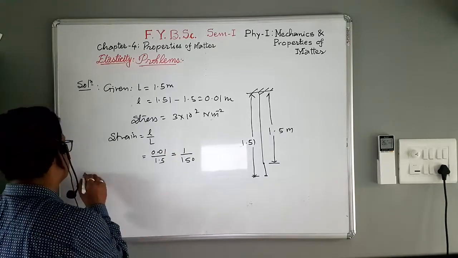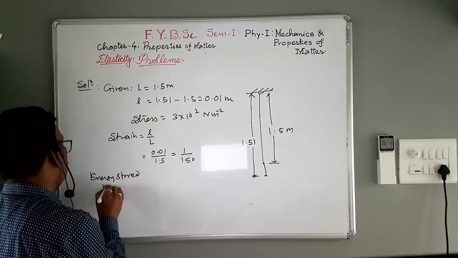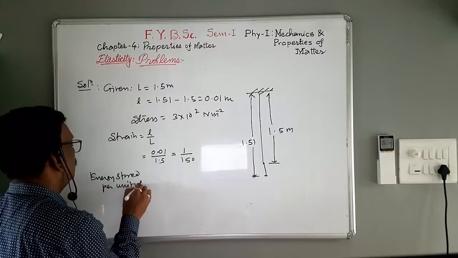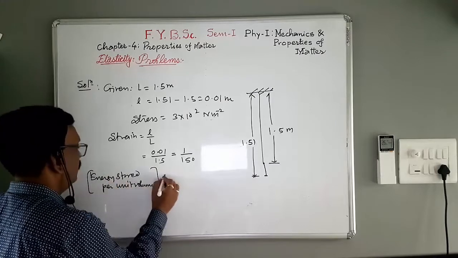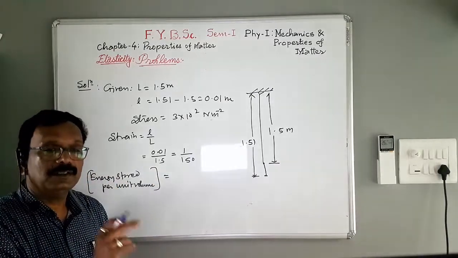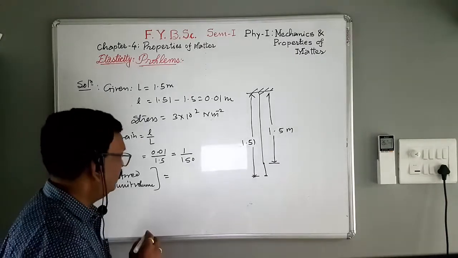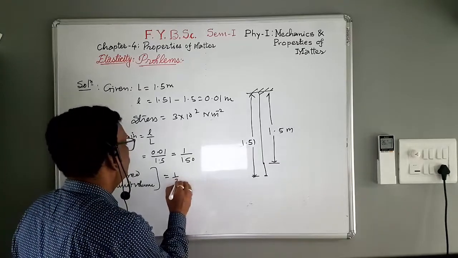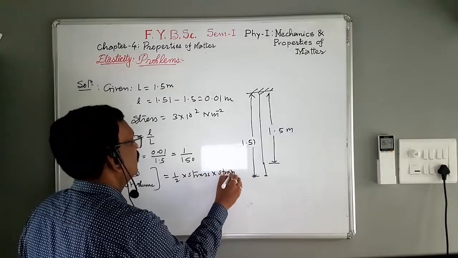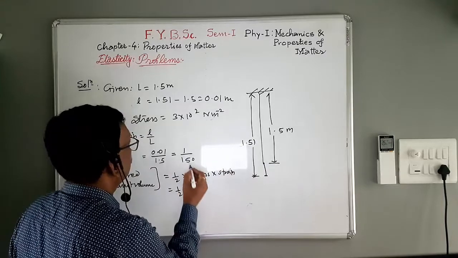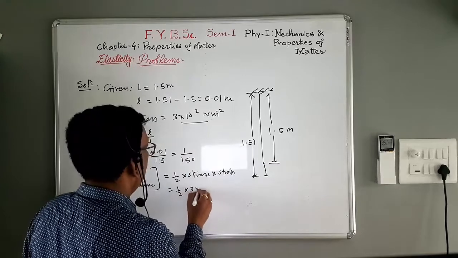Now, the energy stored per unit volume. What is the formula for this? It is 1/2 stress into strain. Stress is given here: 3 into 10 raised to 2.